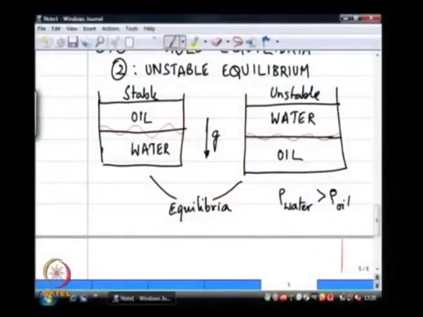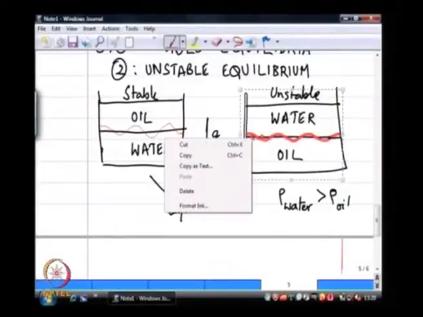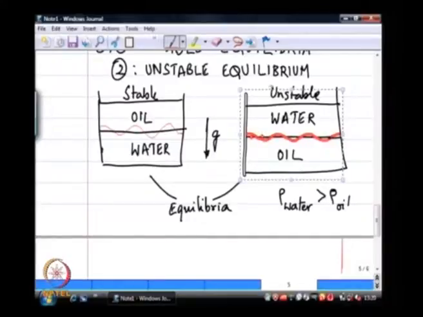As soon as this is perturbed, right around here I have an opportunity for the heavier fluid to come down and the lighter fluid to go up, which is going to set up a motion in this direction that is going to cause it to go to this stable condition of oil on top of water.